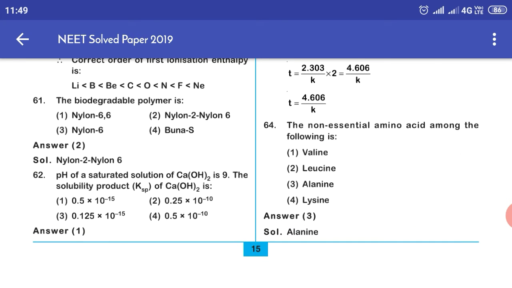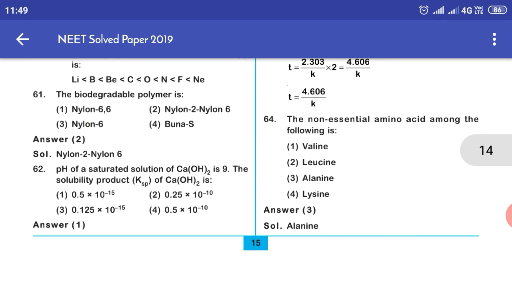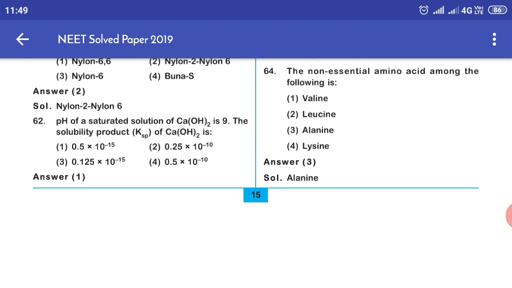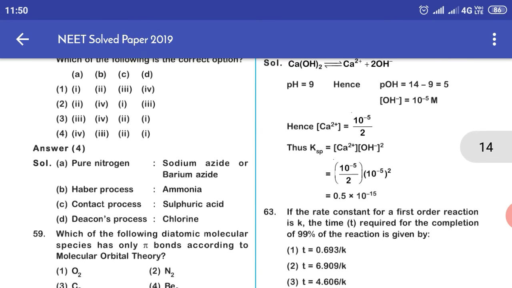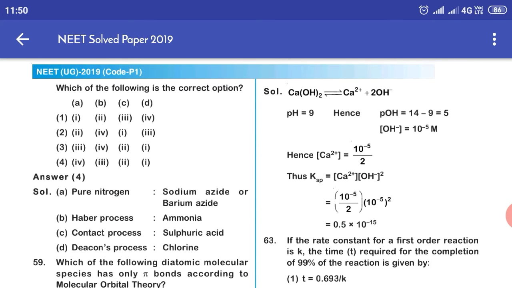Question number 61: the biodegradable polymer here is nylon 2-nylon 6. The pH of a saturated solution of calcium hydroxide is 9. What is the solubility product Ksp of calcium hydroxide? You have to write the complete dissociation reaction. Calcium hydroxide gives a calcium ion and 2 moles of hydroxide ion.